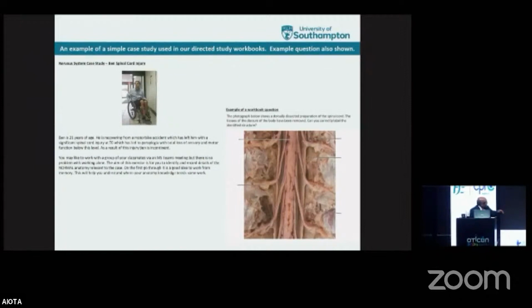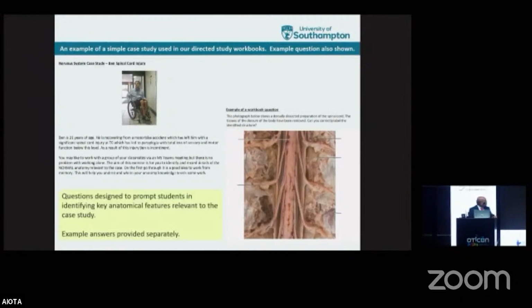They have to label the diagram just to see whether they know the spinal anatomy or not. These questions are designed to prompt students in identifying key anatomical features relevant to the case study. In class they divide into groups and work out the subject and label the diagram.